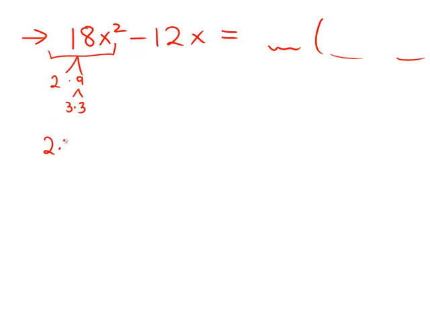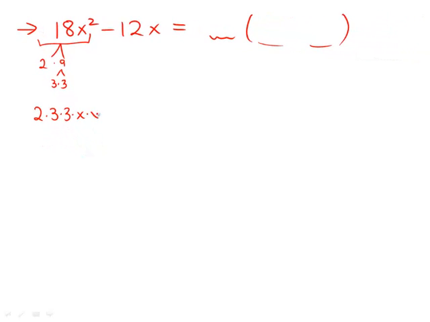So that's really 2 times 3 times 3 times x squared, which is x times x. And here in the second bin, we've got negative 12x, and 12 could be split into 3 times 4, which is 2 times 2. So here we've got negative 3 times 2 times 2 times x.